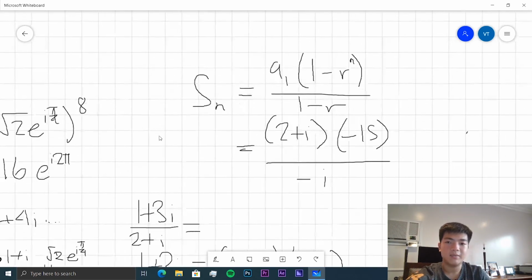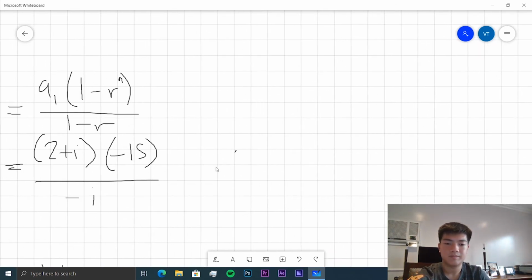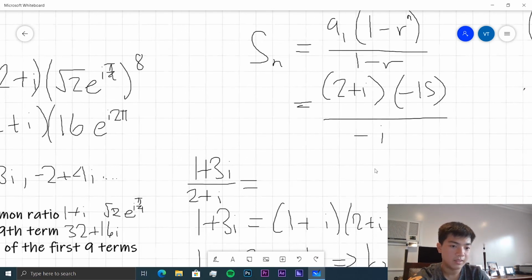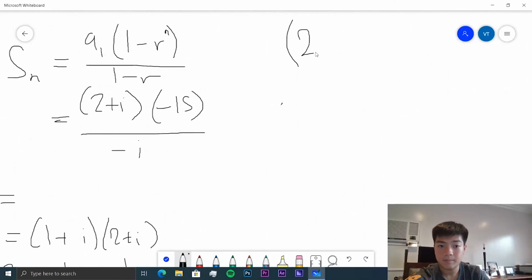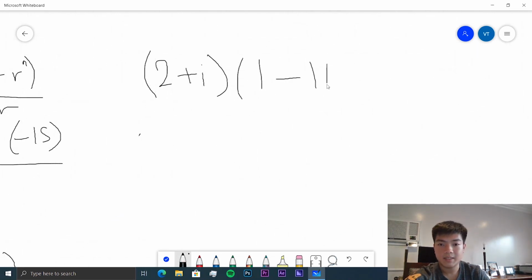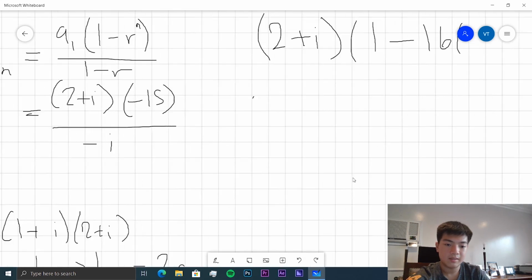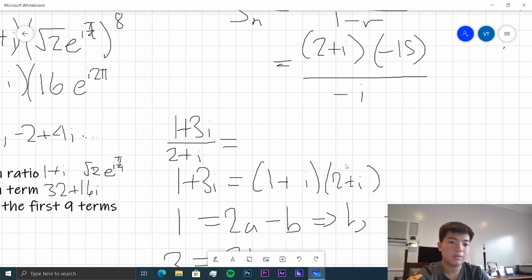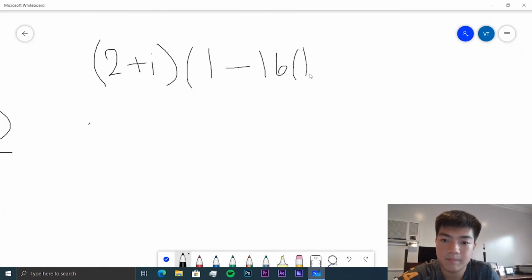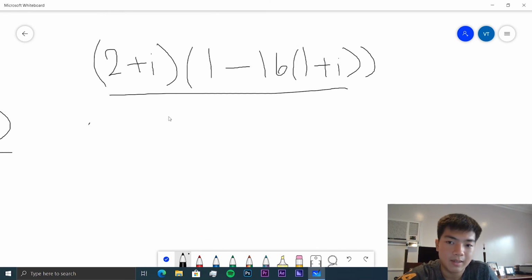So that's equal to 2 plus i times 1 minus 16 times 16 square root 2 e to the i pi over 4, which is 16 times 1 plus i, divided by negative i.